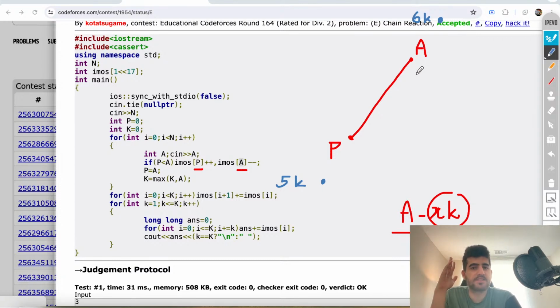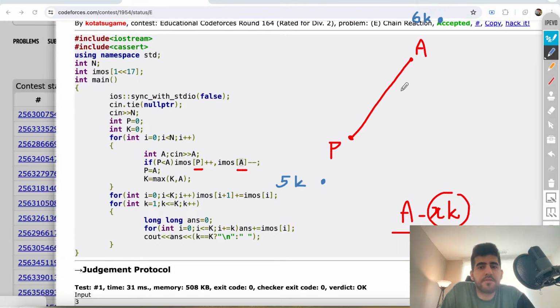So the first thing I'm saying is that if this one is P, this one is A, and A is more than P, then obviously this was a very beautiful problem. I really loved the solution. If this is 5k, this is 6k, then definitely these two will die at the same time.